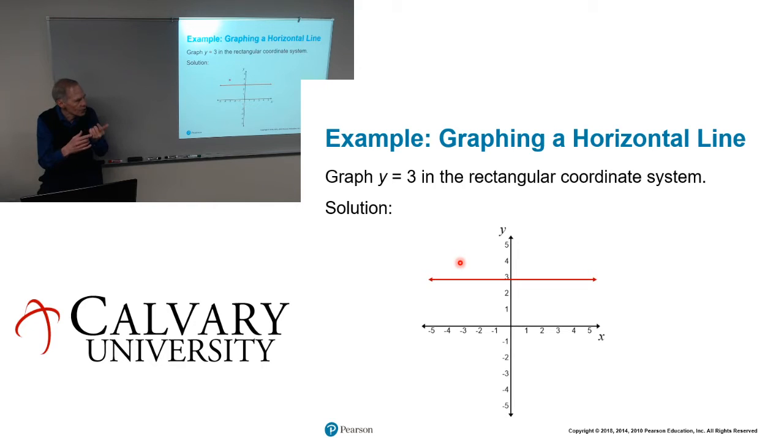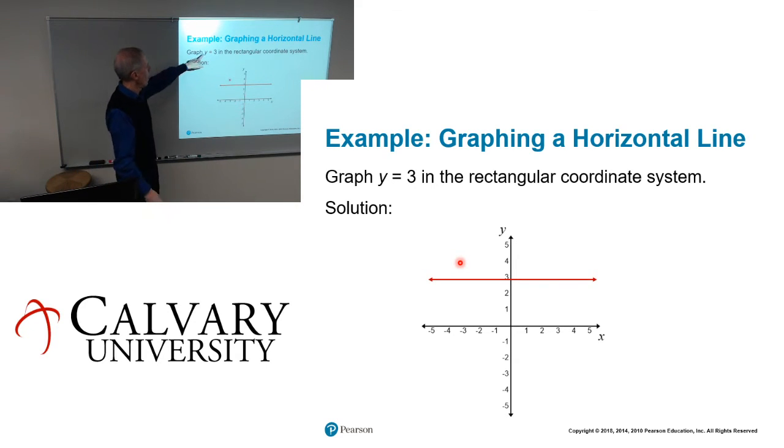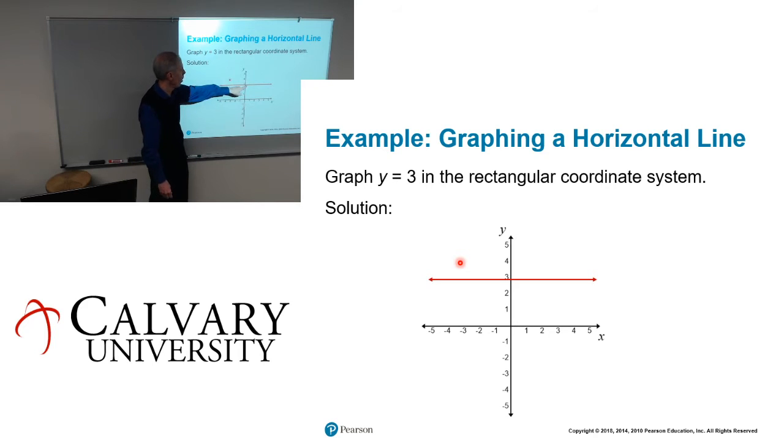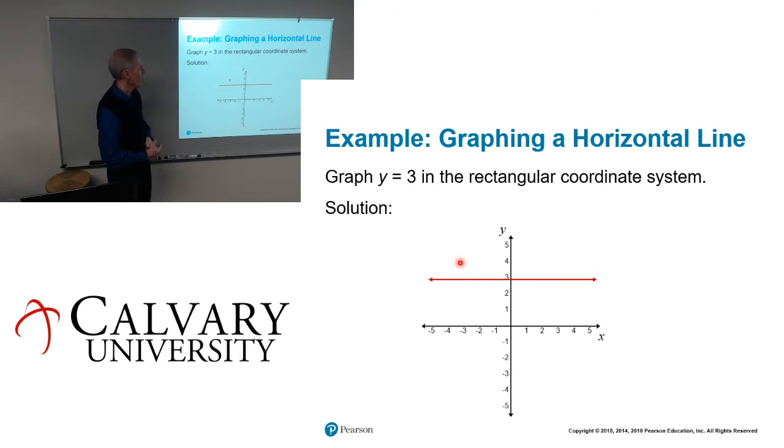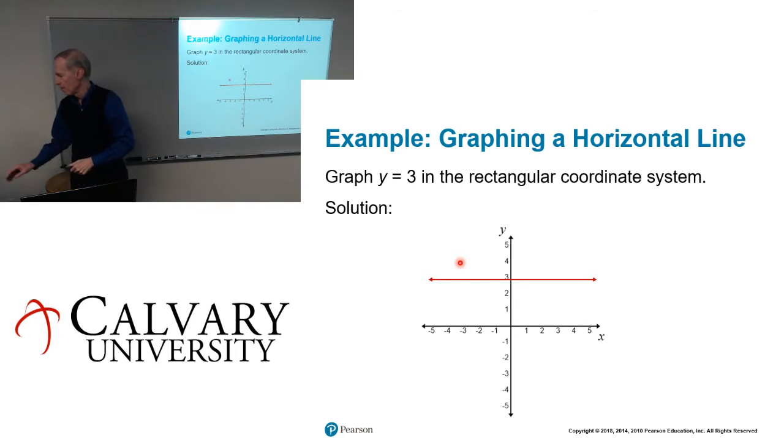So again, this is a little intuitively different because you think, well, y, doesn't that refer to the y-axis going up and down? And it does, but since the equation says y equals 3, that's telling you that the y coordinate, as I just said, is 3 no matter what the x value is right there.